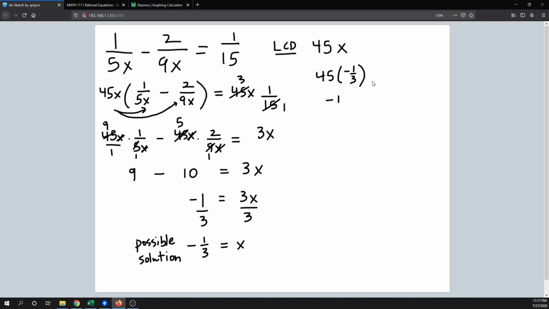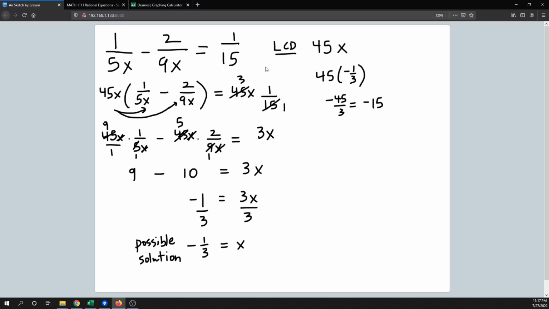When you do that, you'll get negative 45 over 3, which is equal to negative 15. Here we kind of even knew a positive times a negative is going to be a negative. So even without doing the arithmetic here, we kind of knew that we weren't going to get 0.